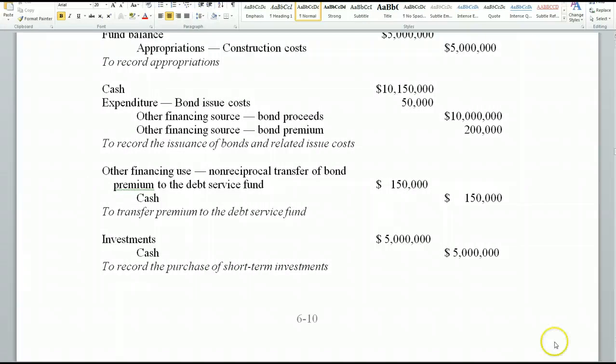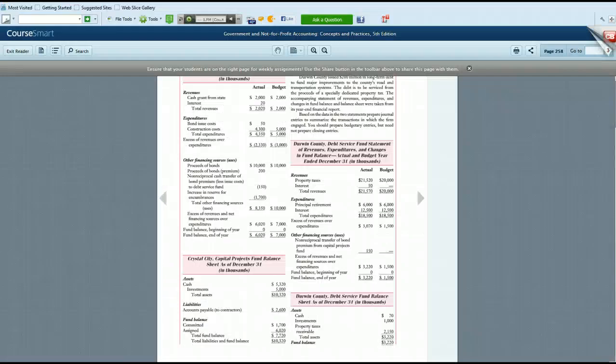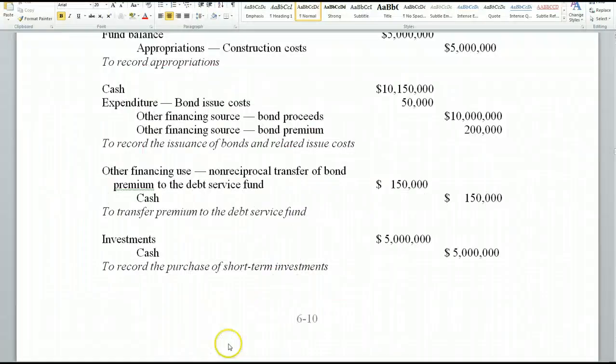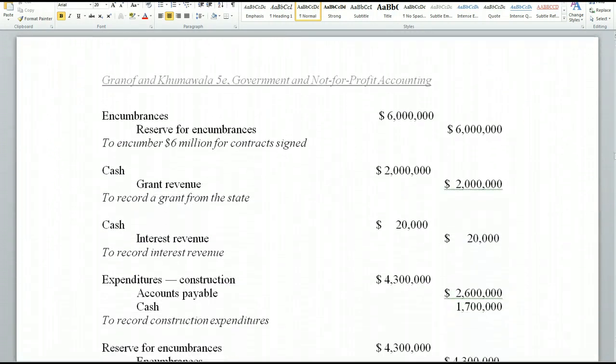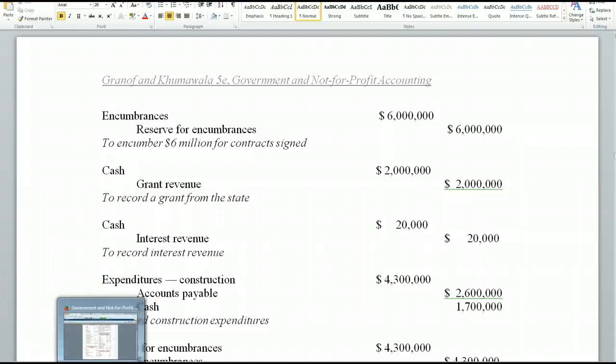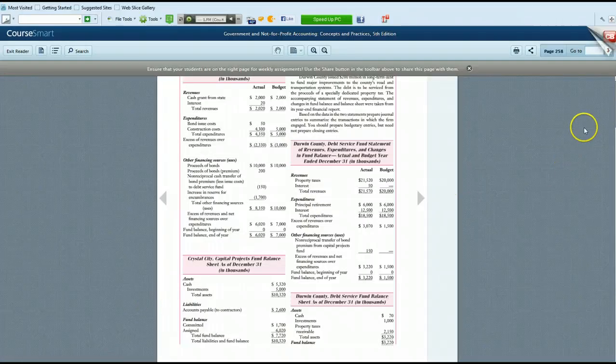Next, we want to look at any investments. So again, if we go back to the financial statements, we see here an investment on the books of $5 million. So our next journal entry would be to record the purchase of these short-term investments of $5 million and credit our cash of $5 million. Next, we'll want to go back and look at the encumbrance for the contracts.